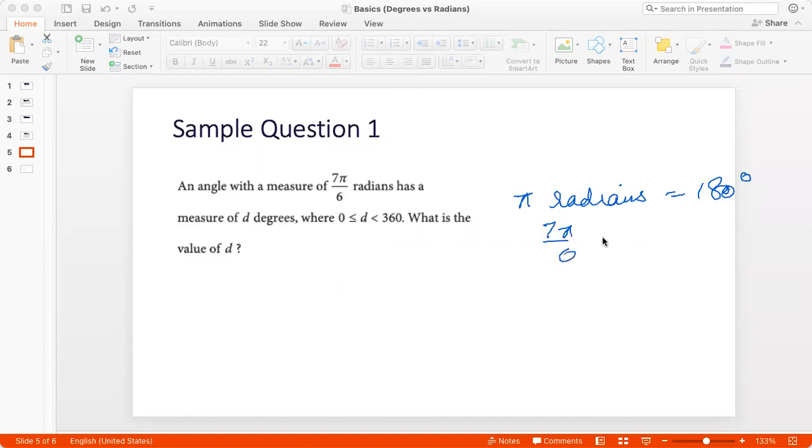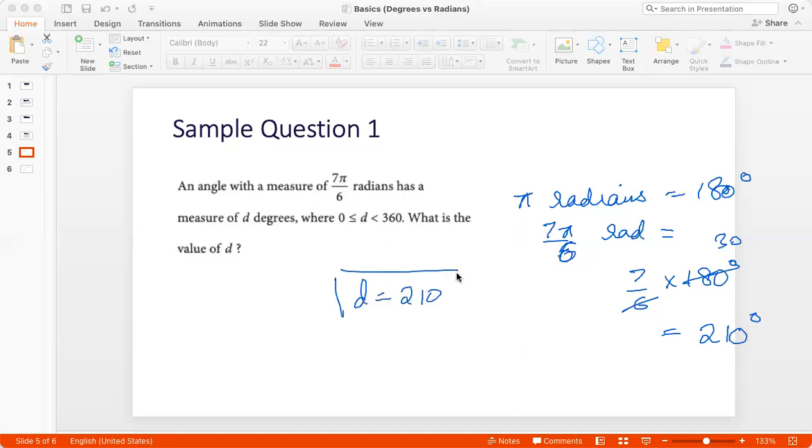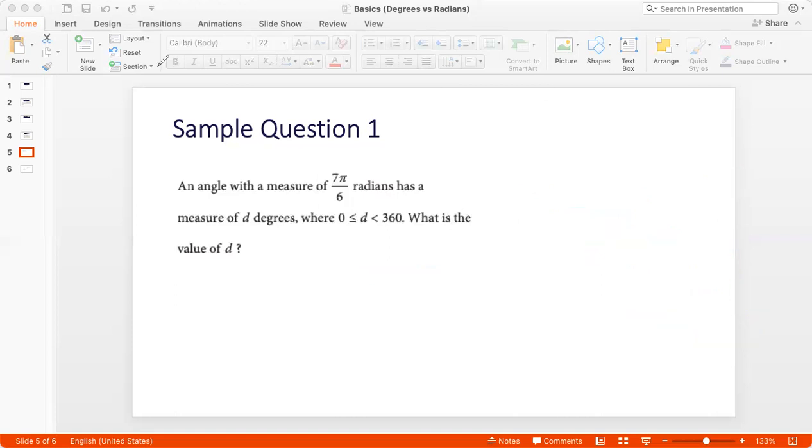So 7 pi by 6 radians would be 7 by 6 into 180, right? I'm just using the same ratio. This cancels out, so that's 210 degrees. So D is 210, right? So conversion between radians and degrees is one question type.